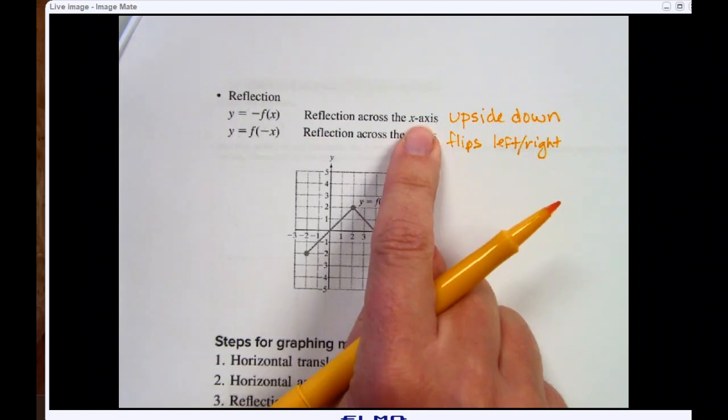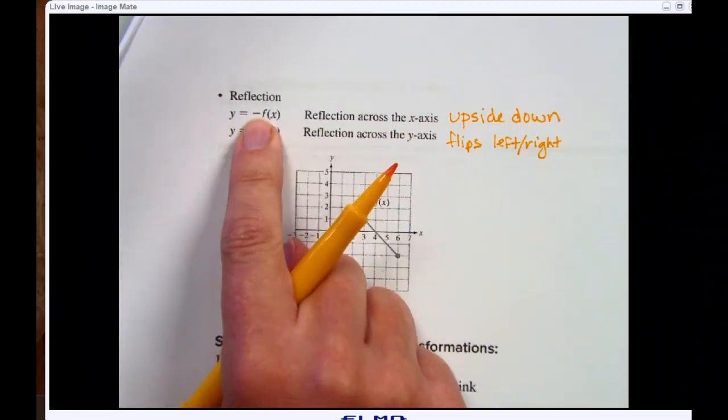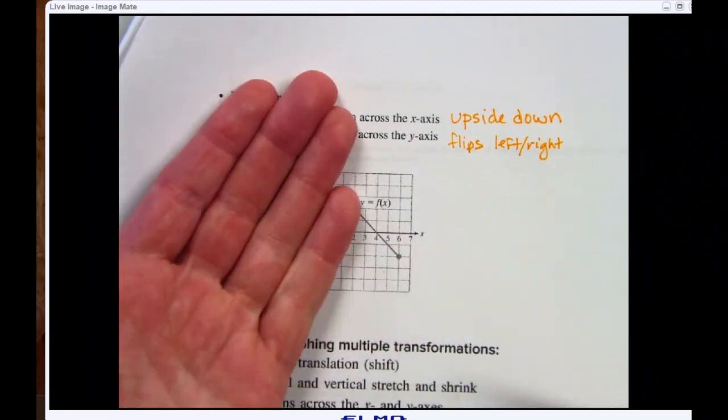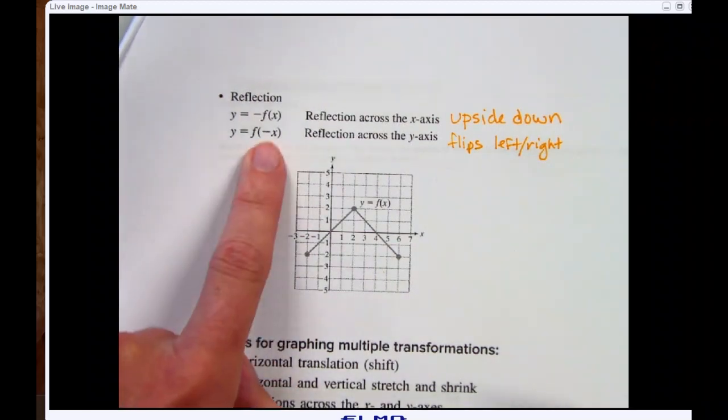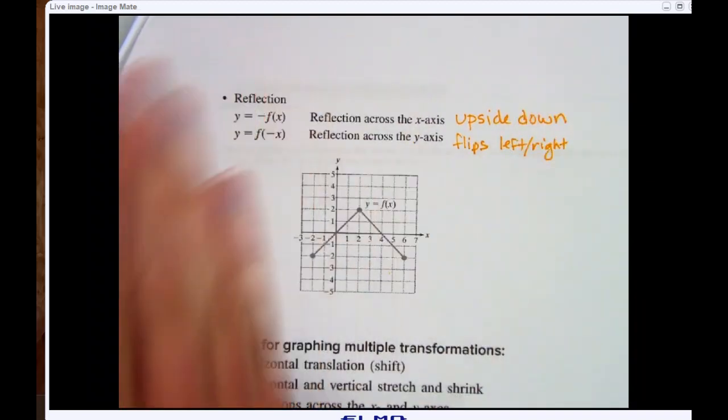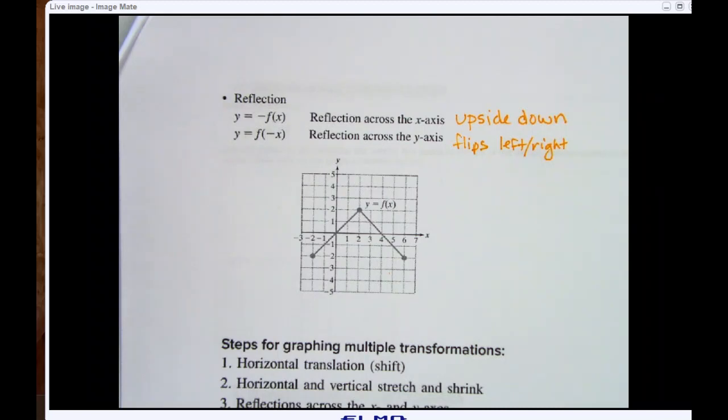And really our vocabulary here is, if it's out here, it flips on the x-axis, it brings us down here. If it's in here, it flips across the y-axis. And you guys are going to get lots of practice with this today. That's just kind of a summary.